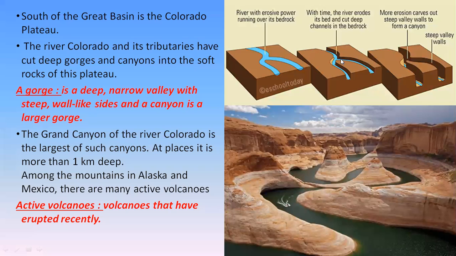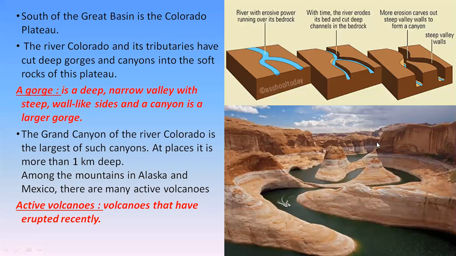It takes millions of years to form this kind of deep cut. Then it is called a canyon, a wall-like steep valley or wall-like border, with the river flowing through it.